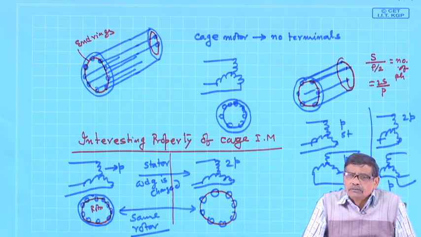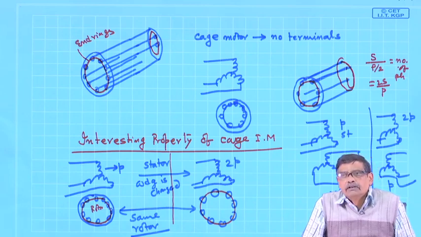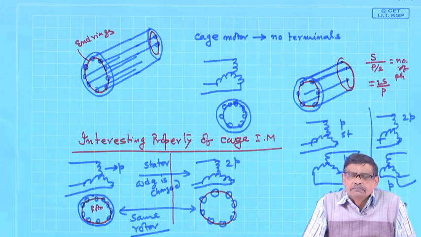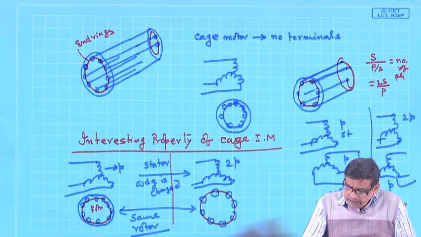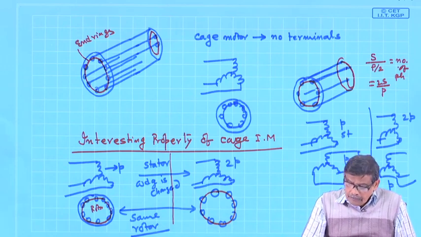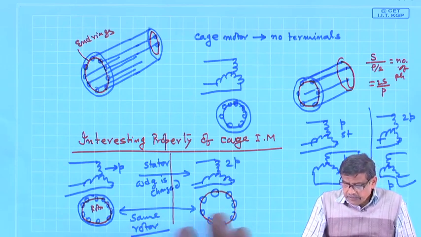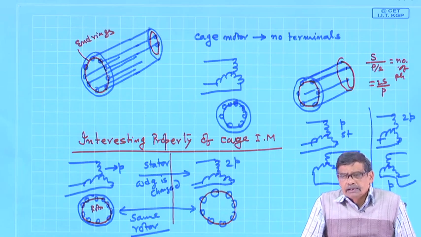From no load it will be close to 1500, then full load may be 1430 rpm. Therefore, the change in speed is only 70 rpm. As a percentage you can calculate, very little change, maybe 2 to 5% of the synchronous speed. So, in general it is considered to be rather a constant speed induction motor.